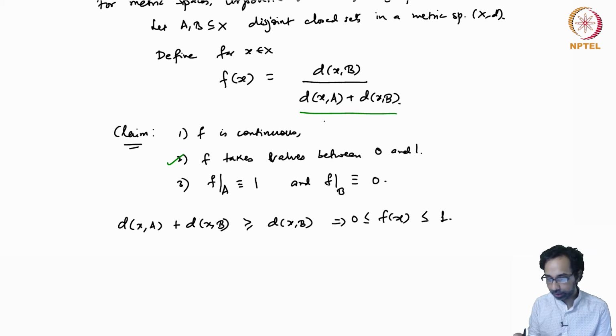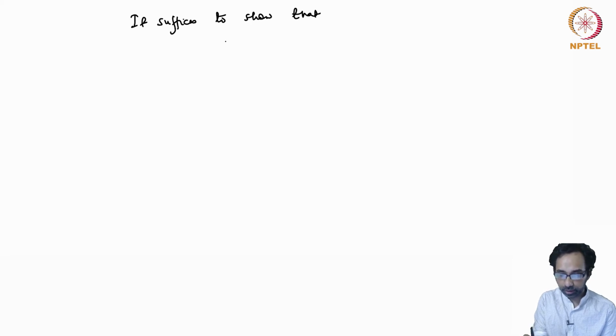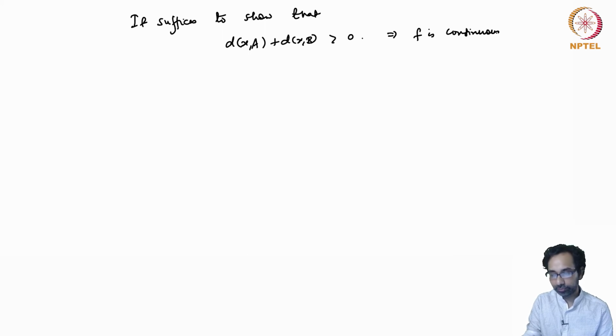So it suffices, let me write it in a new page, to show that this denominator d(x,A) plus d(x,B) is always strictly positive, and this also shows that f is continuous, right?